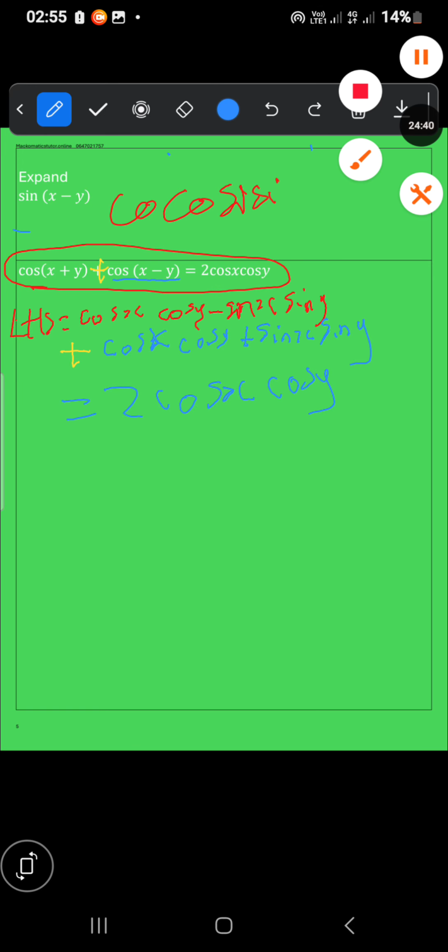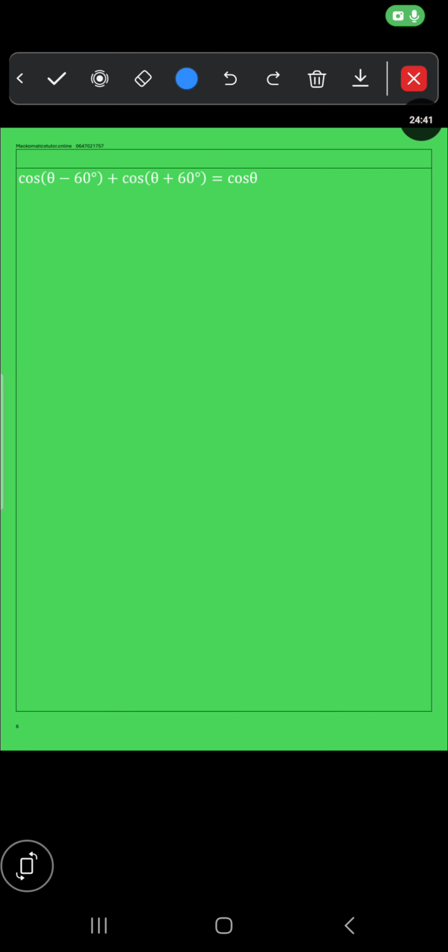Right, so with this one again, we're going to expand this. So this is the same as, remember, C for the cos identity.